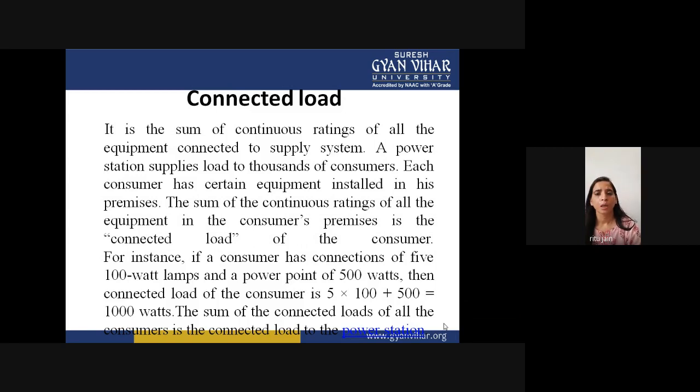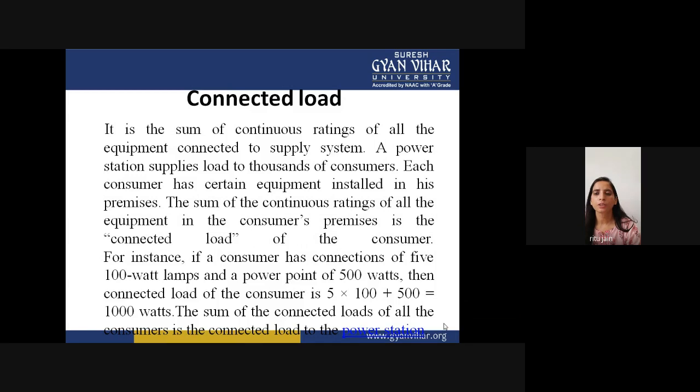A power station supplies load to thousands of consumers, and each consumer has certain equipment installed in his premises. The sum of the continuous ratings of all the equipment in the consumer's premises is the connected load of the consumer.